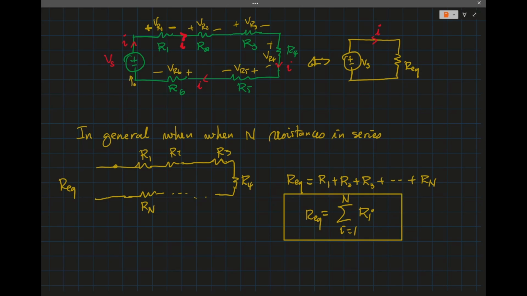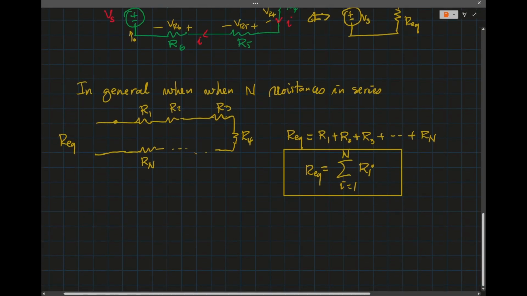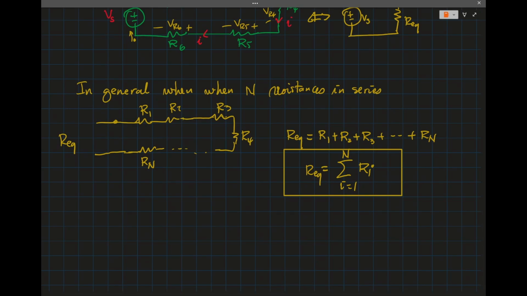So when you have resistances in series, you can just combine them into one by adding them up together. That's the rule for series resistance.